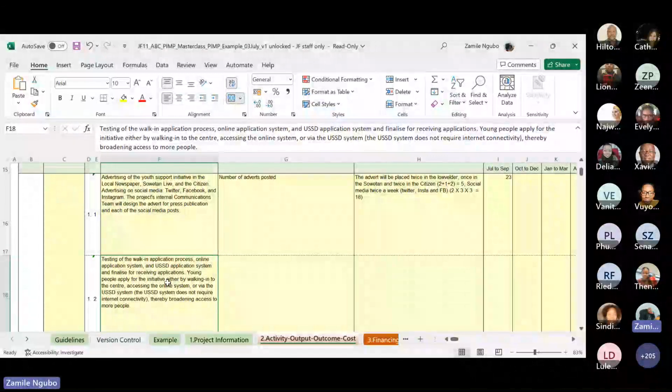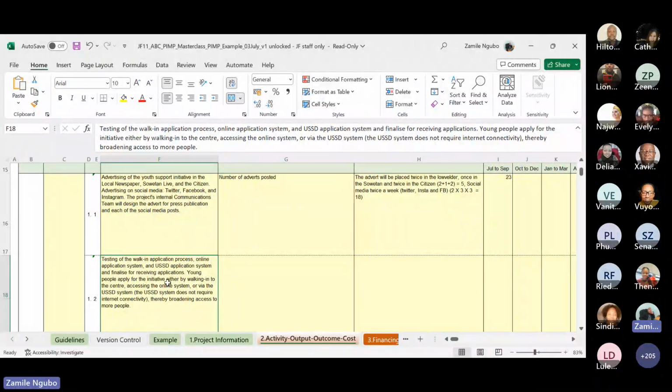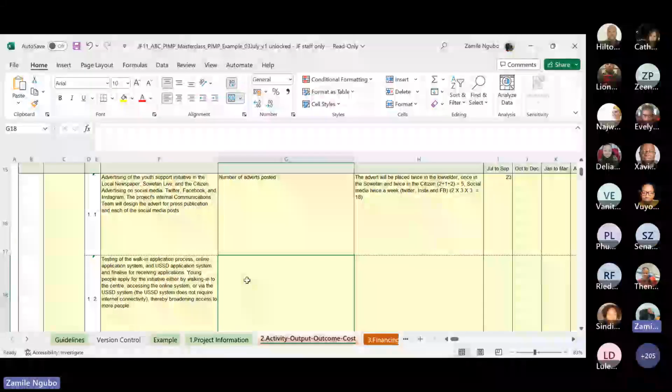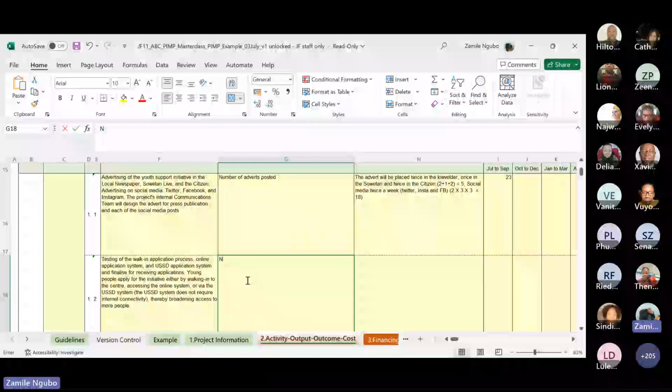So the output of this sub-activity will be the number of applications received through these various application processes. So we'll describe the output as the number of applications that we will be receiving from the applicants. So this is how we describe an output.